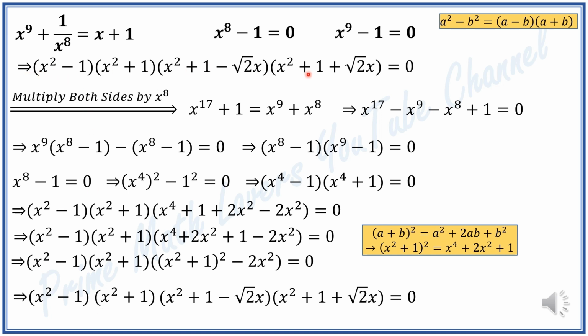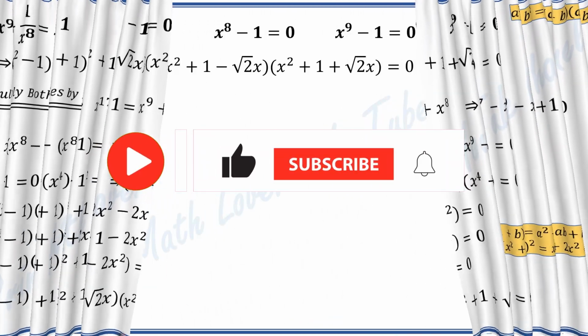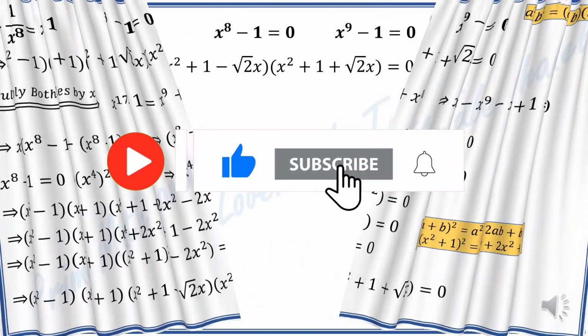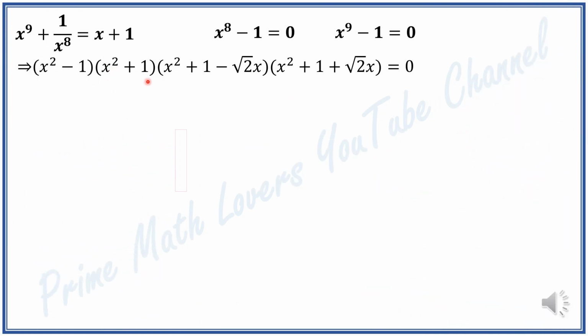Now we need to solve this, actually 4 second degree equations, or 4 quadratic equations. We have 4 factors multiplied together equal to 0. I can set them separately equal to 0.